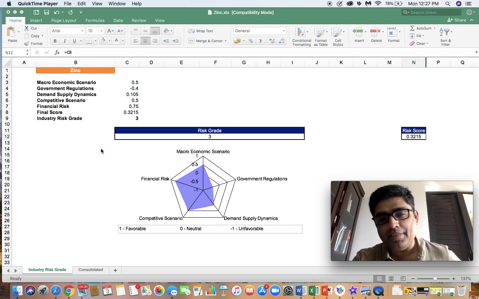So this is a very simple sheet that you can prepare, and you can place it across in your report that you are putting across to the person who is going to have a look at it, right?